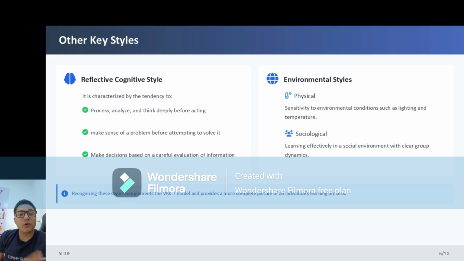External conditions also play a role. Physical: sensitive to environmental conditions such as lighting and temperature. Sociological. This style is only half the equation. The other half, and perhaps the most important, is the strategy we apply.